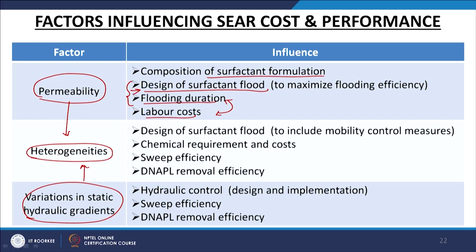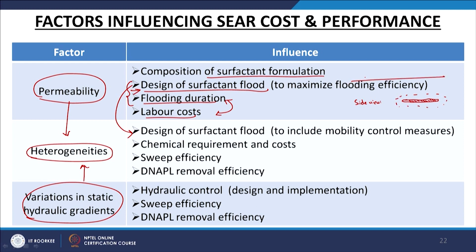And with respect to heterogeneity, as we discussed earlier, it impacts the design of the surfactant flood. As in, if I have this side view, and I have this particular layer, and this is of clay, and my DNAPL has permeated or diffused into this clay layer, and beside that I have a relatively sandy layer.